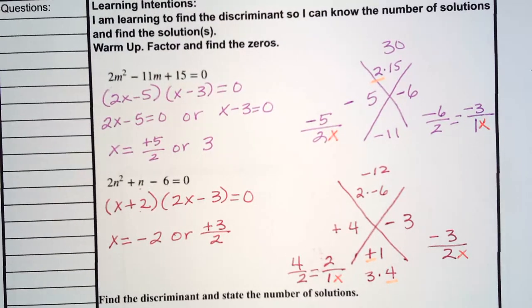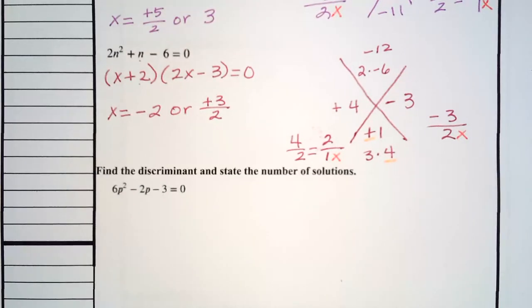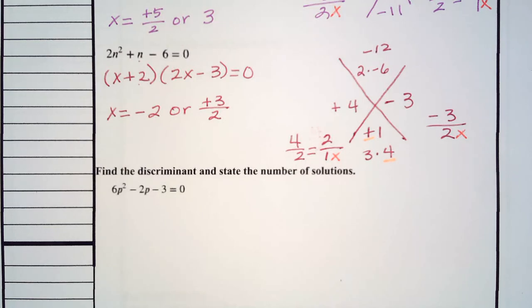If it is greater than 0, then we'll have two real rational solutions. If it's equal to 0, we'll only have one solution. If it is less than 0, there will be no solutions because we still don't know how to take the square root of a negative number.